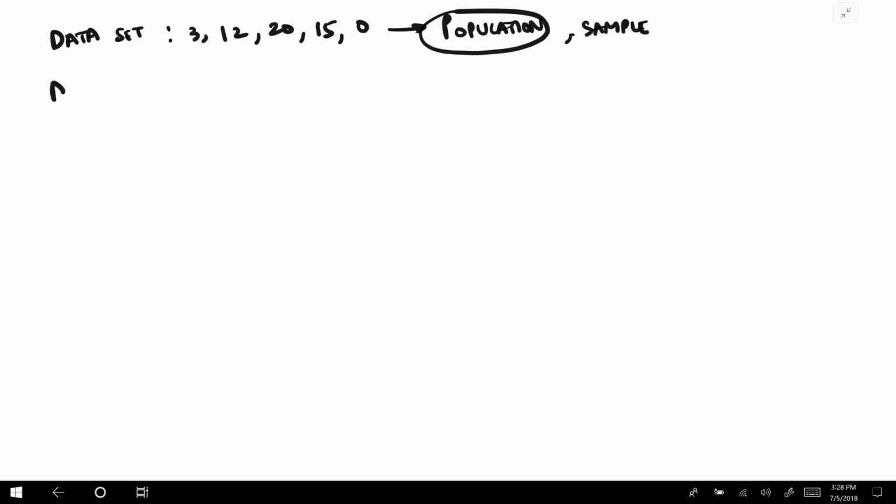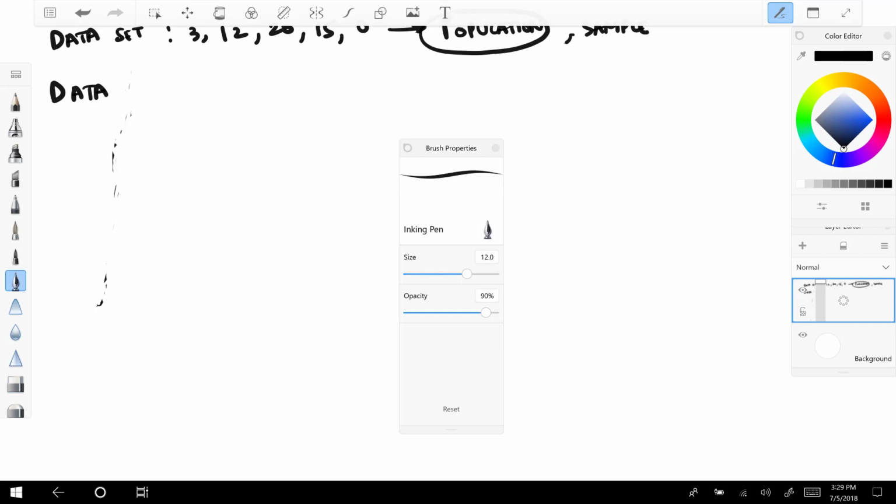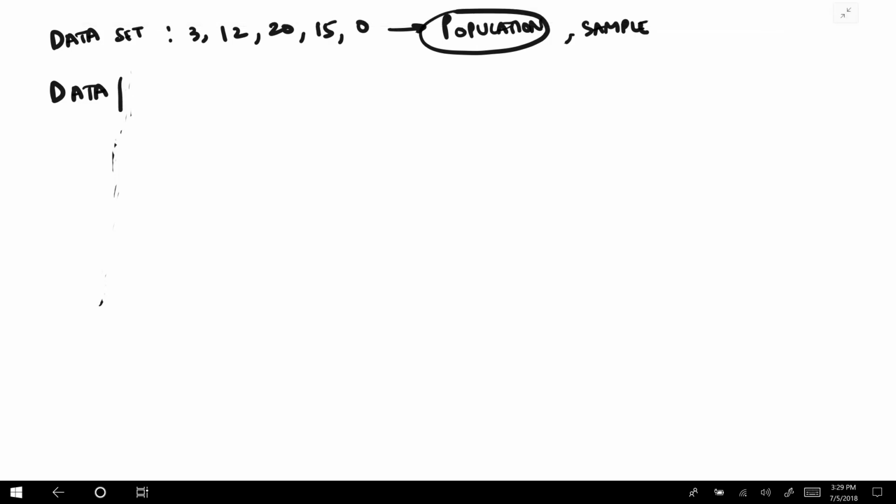So I will draw a table. Here we have data, and then we have deviation.